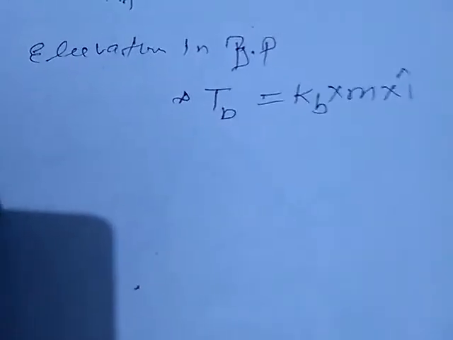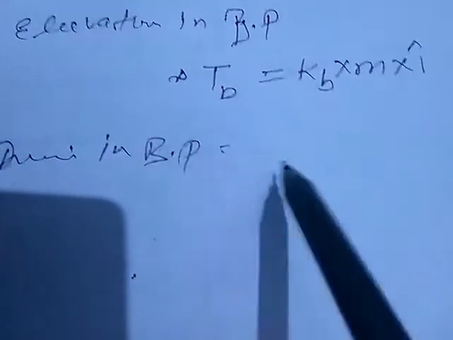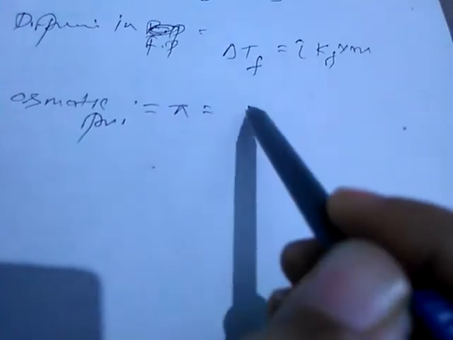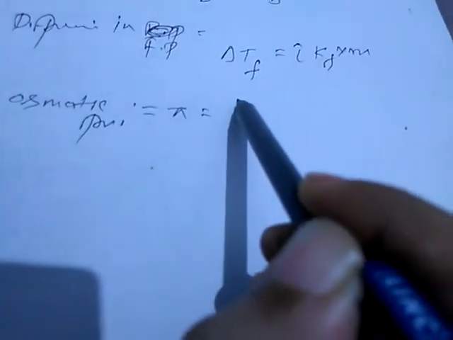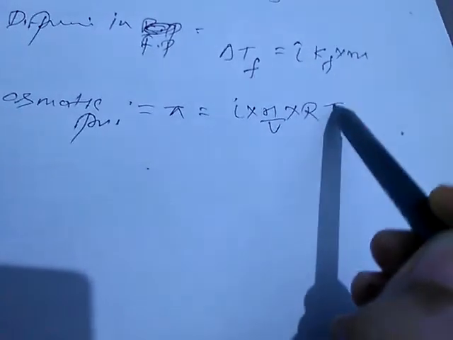For depression in freezing point, delta TF is equal to I into KF into M. And finally for osmotic pressure, if we include the Van 't Hoff factor, it will become I into N by V into RT.